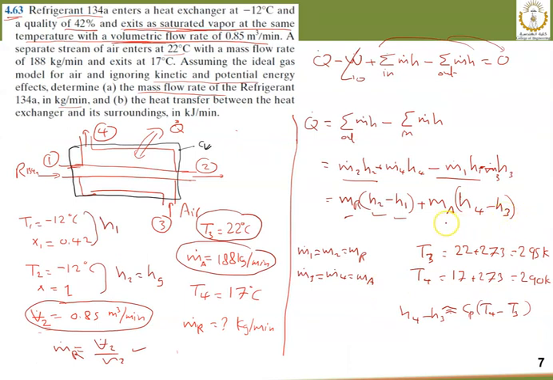So these two can be easily found, and therefore we can calculate Q.